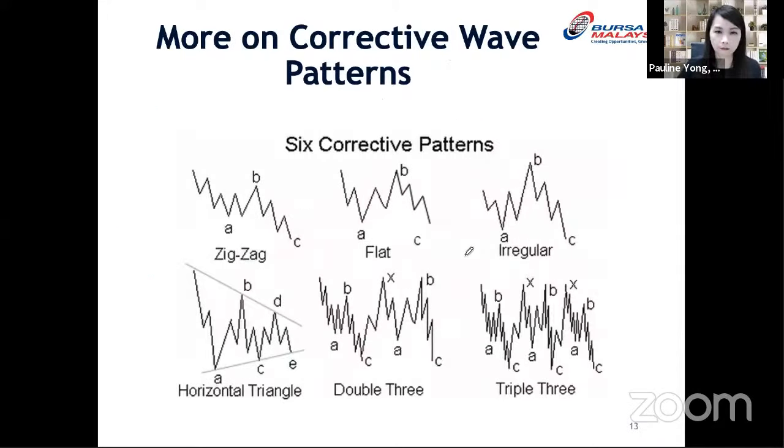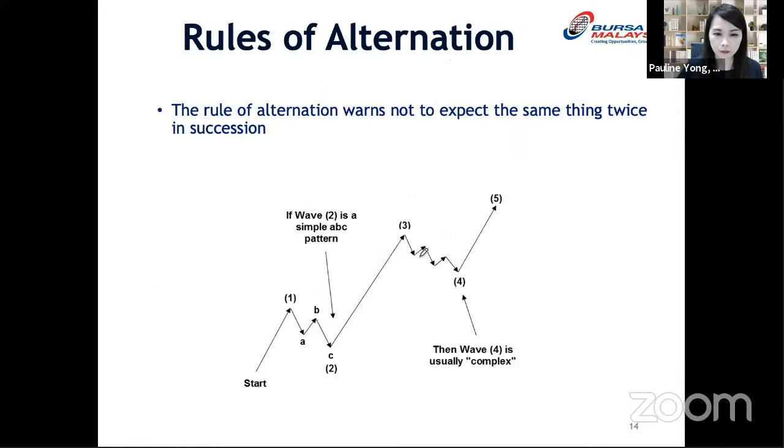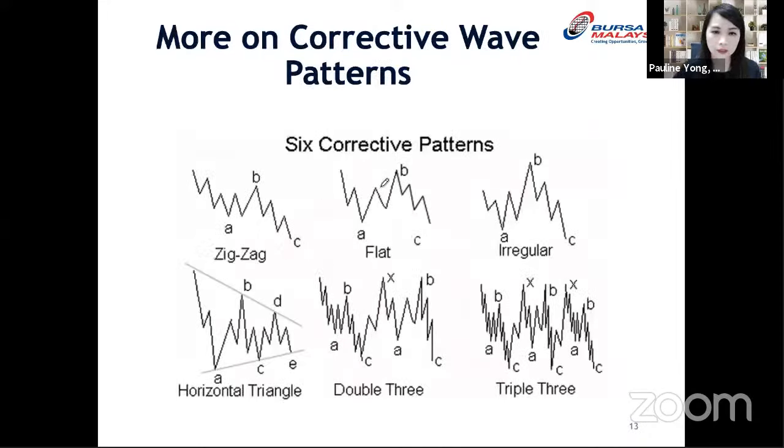So basically these two are the major ones, but then we look at the 6 corrective patterns here. Do you have to memorize them? I don't really memorize so much, I just recognize the pattern.